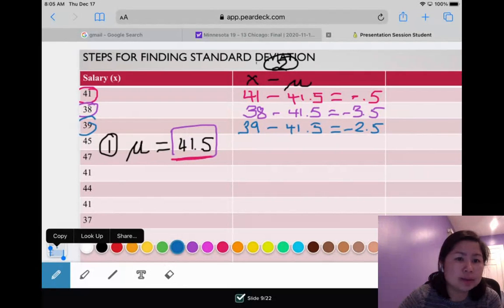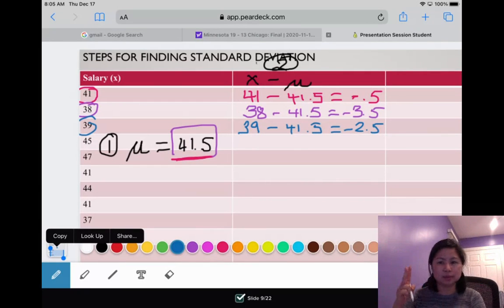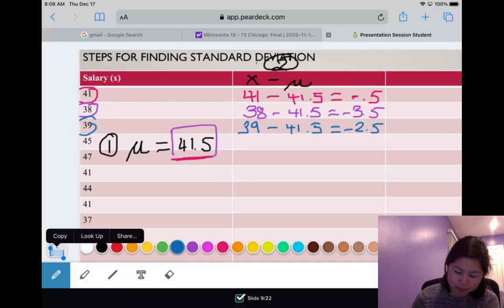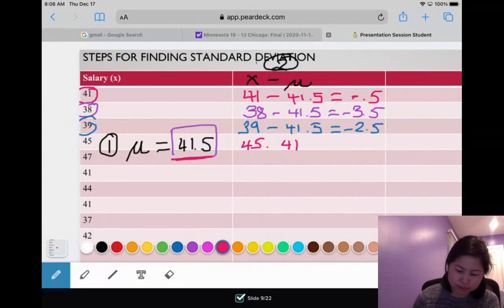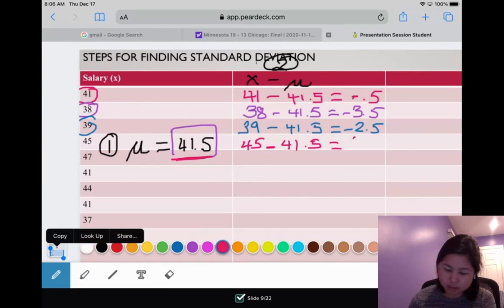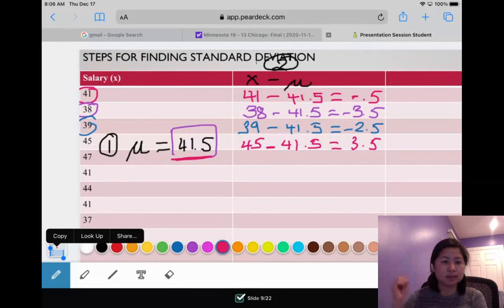Do we have any questions for step number 2? Are we okay with step 2? Step number 1, we find the mean. Step number 2, we find the deviation by taking the values given to us minus the mean. Let's do one more, 45 minus 41.5. That would give me 3.5. Is the second column okay?